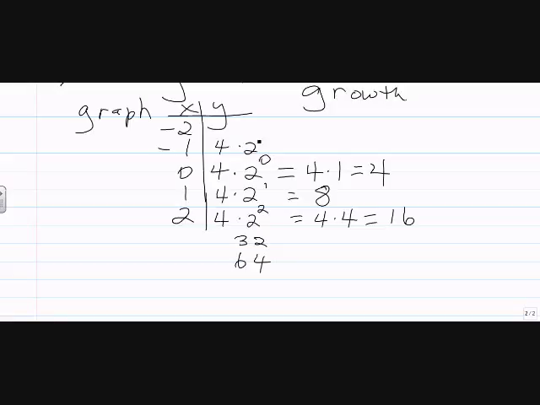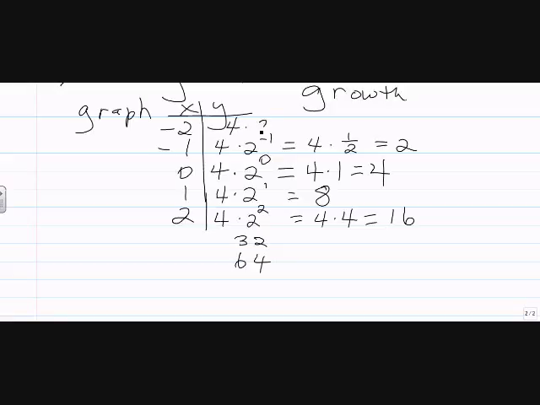All right, let's verify that. 4 times 2 to the -1 power is 4 times the reciprocal of 2 to the first power. So that's 1/2 to the first power. And 4 times 1/2 is 2, just like you told me. What's the next one going to be? All right, let's verify it's going to be 1.